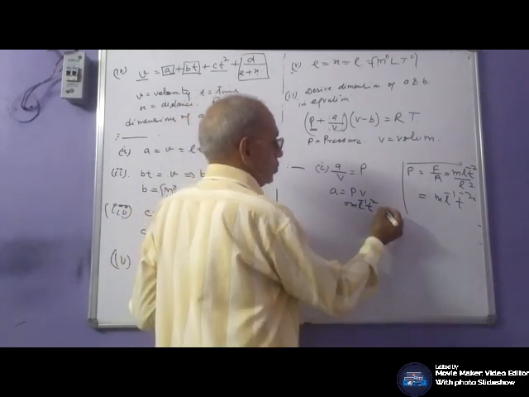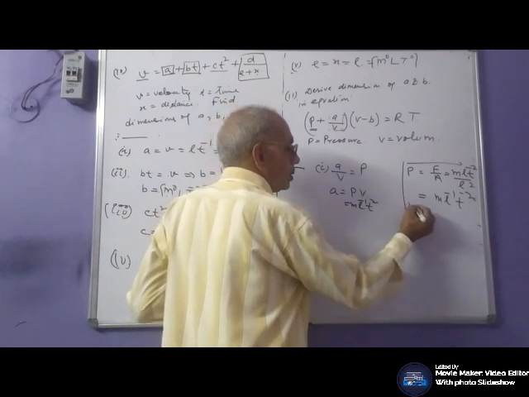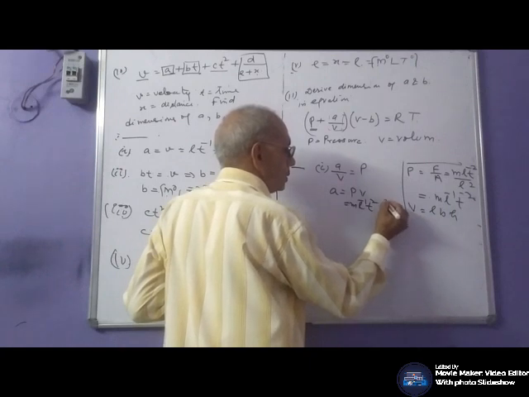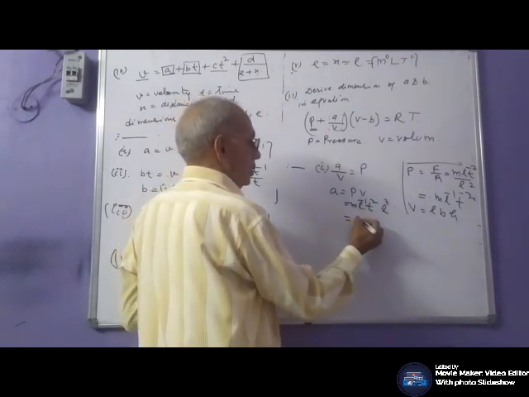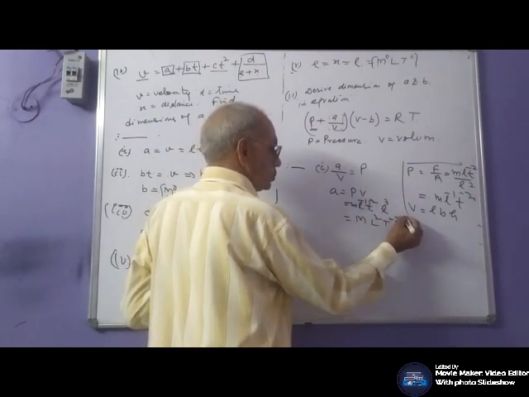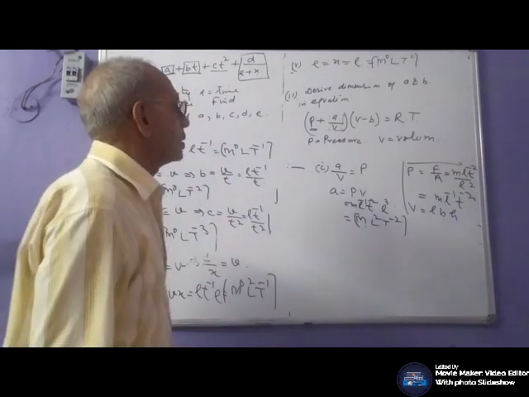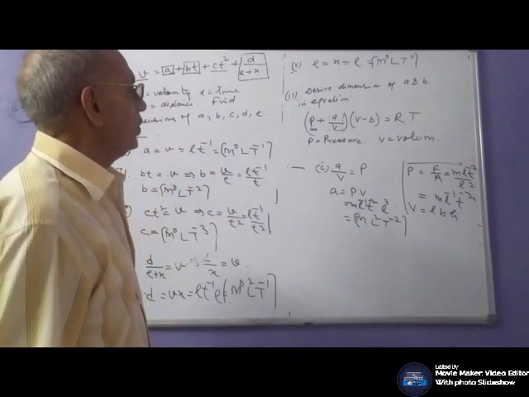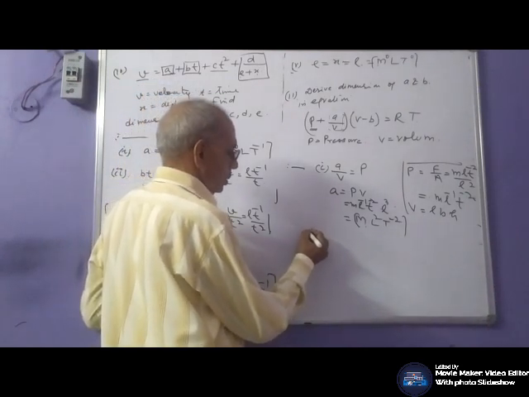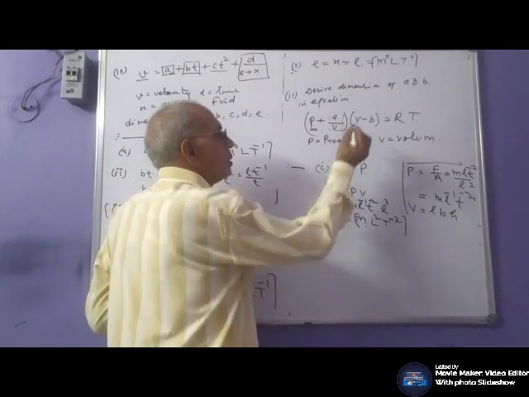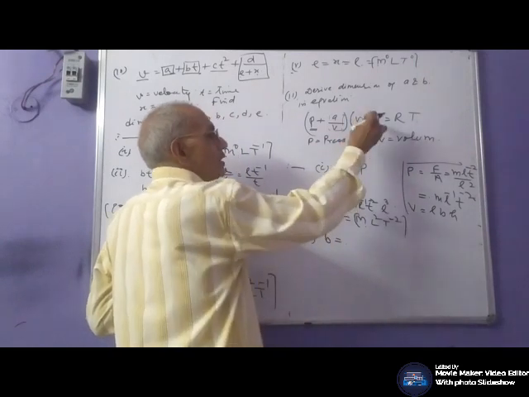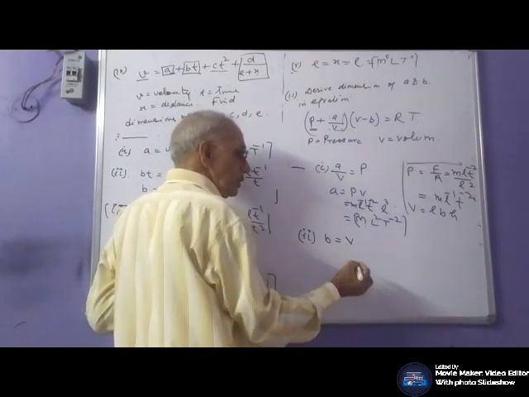Volume is LBH, so V square is L to the 6. So A is M L5 T minus 2. This is the dimensions of A. B is subtracted from V, so B is a volume.